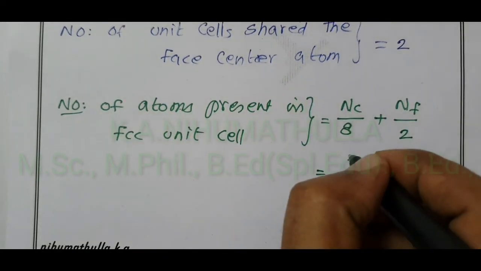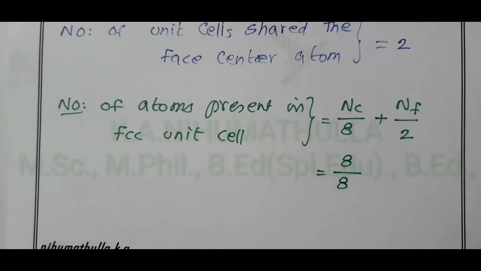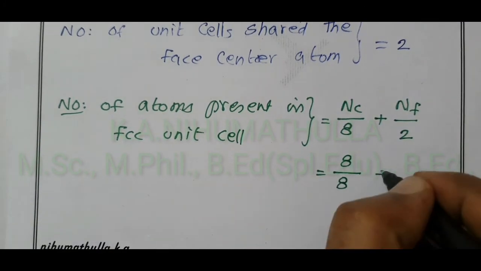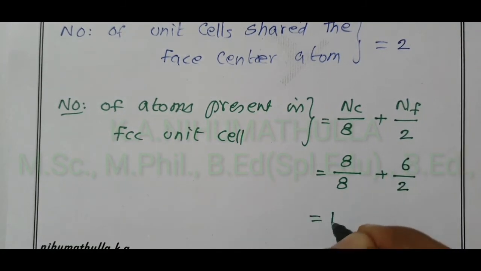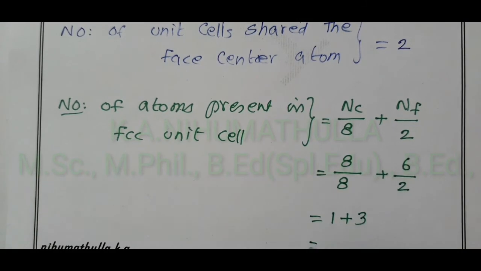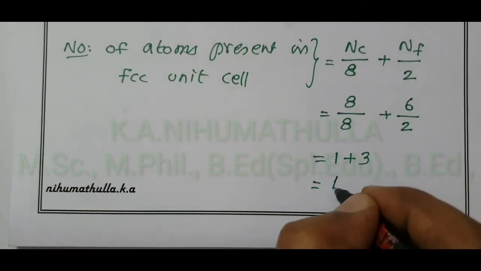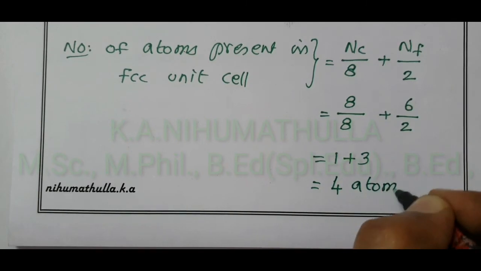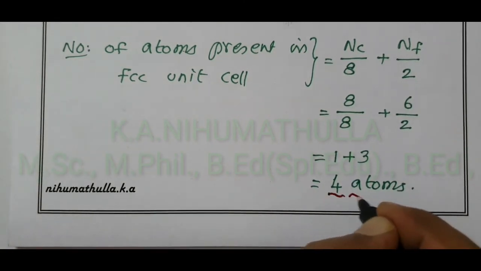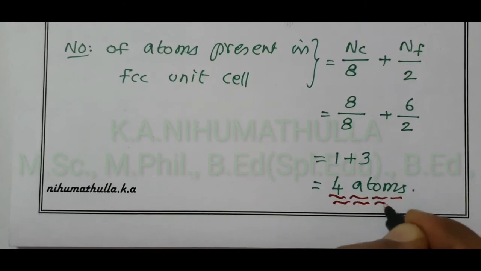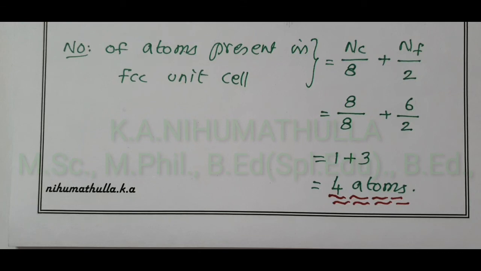Number of corner atoms equal to 8. One corner atom is shared by 8 unit cells, plus number of face centered atoms 6. One face centered atom is shared by 2 unit cells. So, 1 plus 3, totally there are 4 atoms in FCC. Remember always, in simple cubic, total number of atoms is equal to 1. In body centered cubic, total number of atoms is equal to 2. And in face centered cubic, total number of atoms is equal to 4.